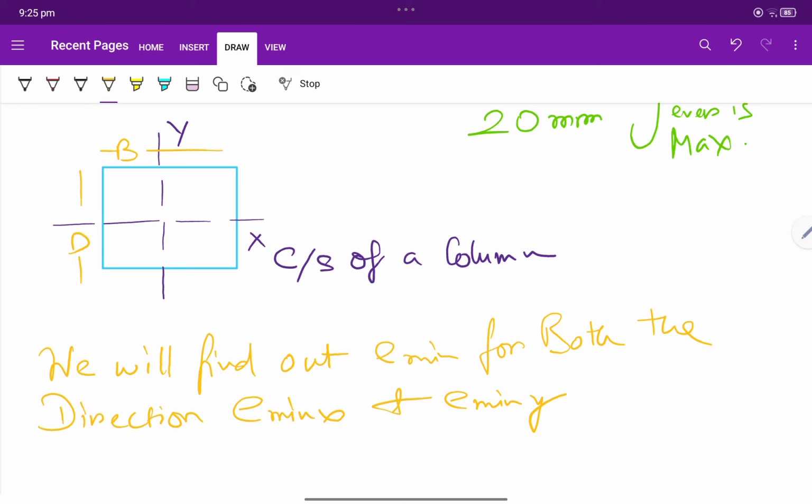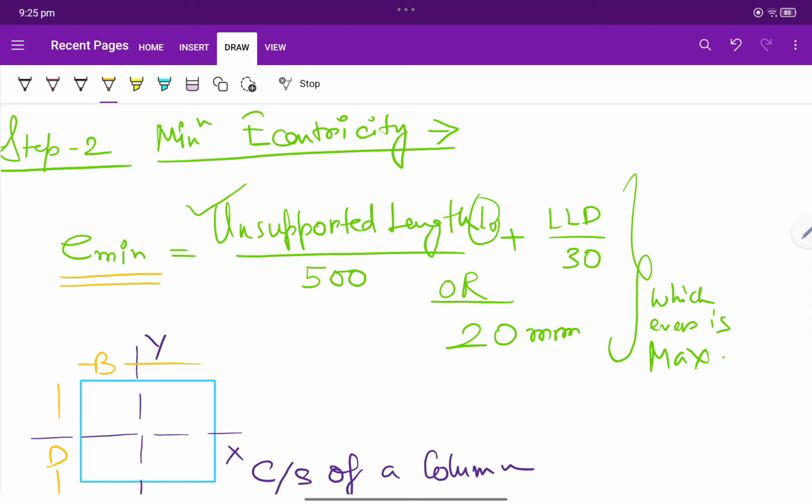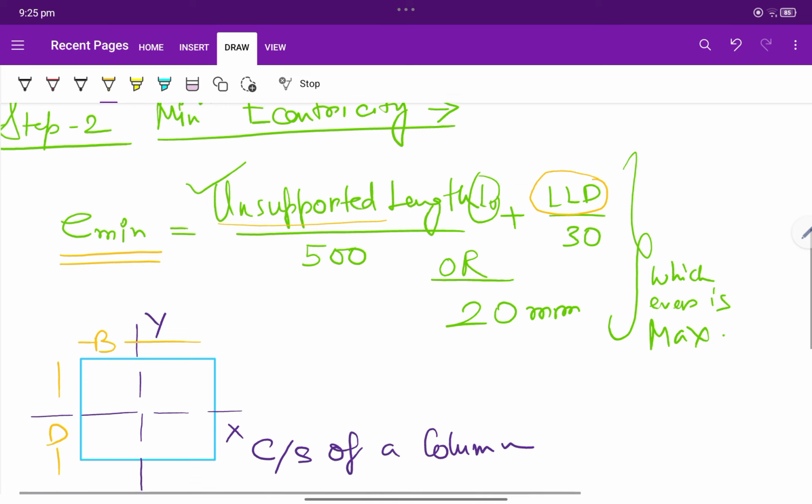The L effective or L naught value, the unsupported length, is the same for both directions, but the LLD, the least lateral dimension, will change.